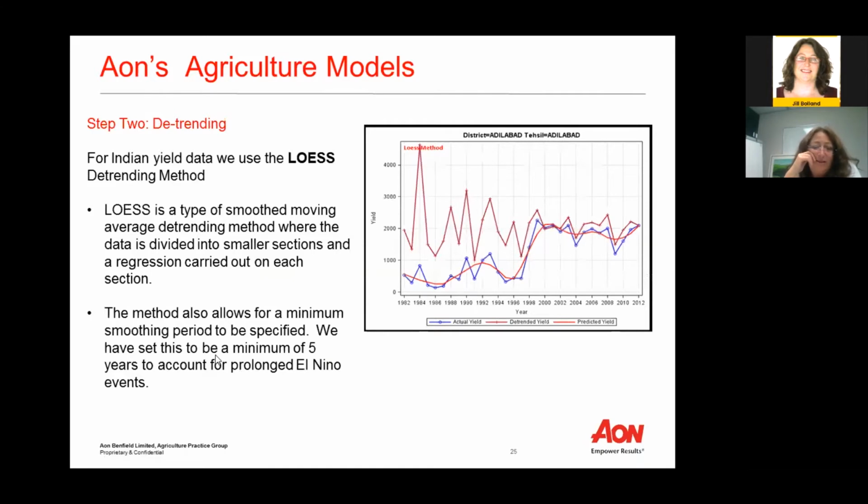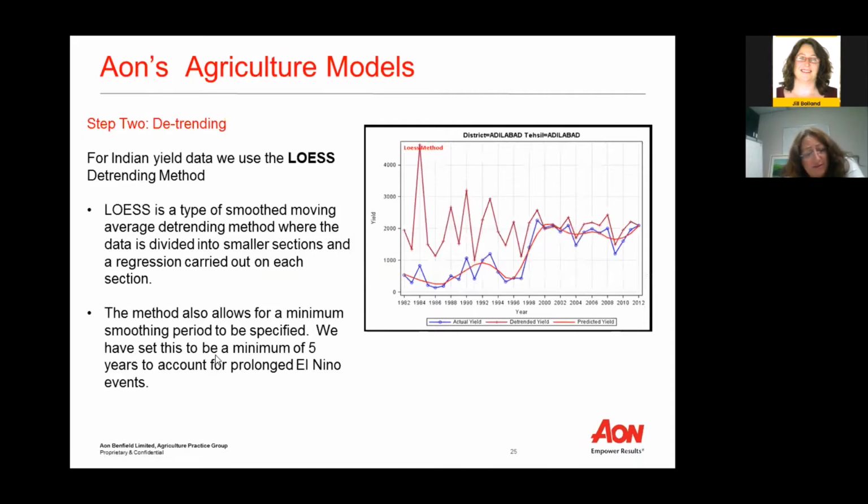It has lots of methods that you can do. One thing you have to be very careful of with detrending is, for India in particular, and Australia as well, if you have a cyclical weather event, such as the ENSO, La Nina and El Nino.